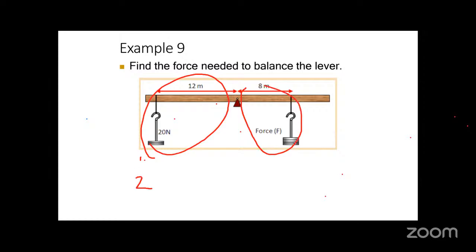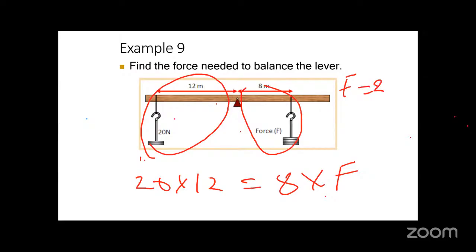So this will be 20 times 12 is equal to 8 times F. So F will be 20 times 12, which is 240, over 8. So that would be 30 Newton. So F will be 30 Newton.